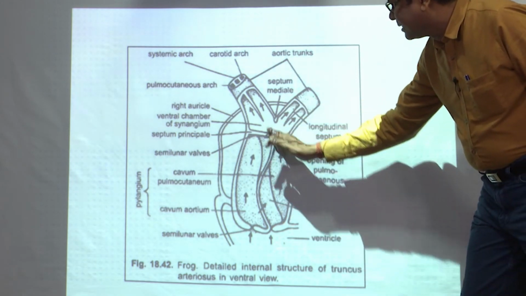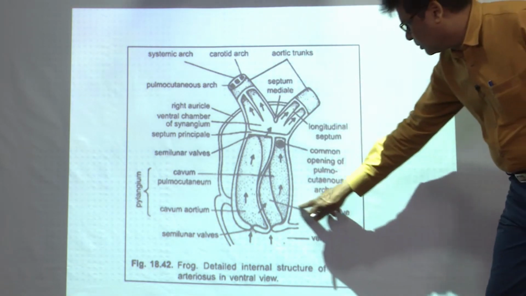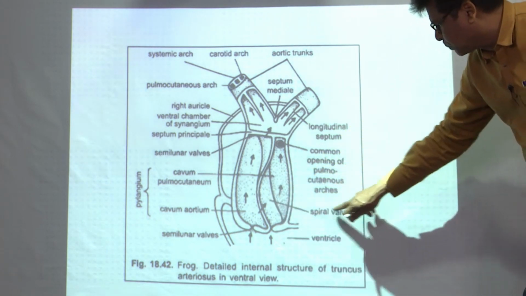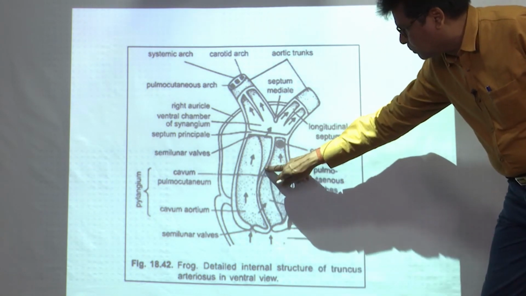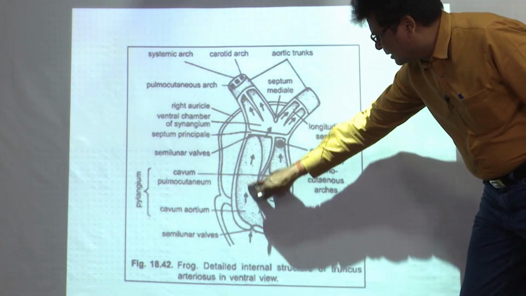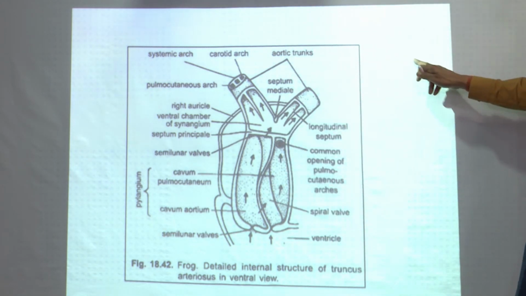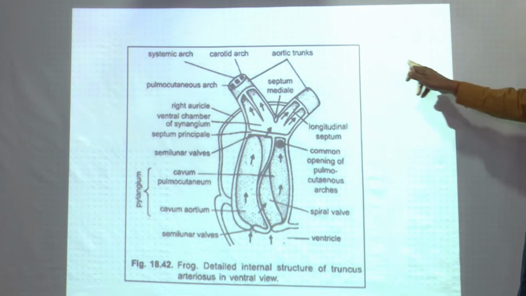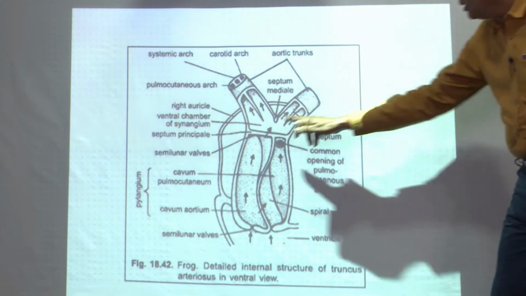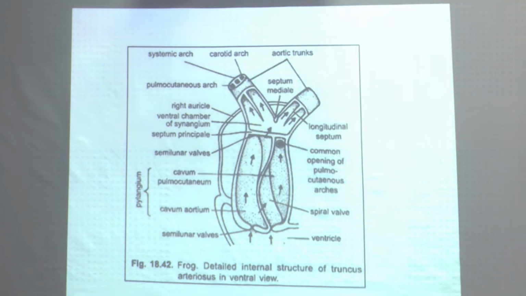The pure blood now passes to one side and impure blood passes to the other side. Due to the presence of the spiral valve, pure blood will enter this side, impure blood will enter this side, and this blood will enter through this arch into the lungs for purification, and this arch will take the blood for purification.